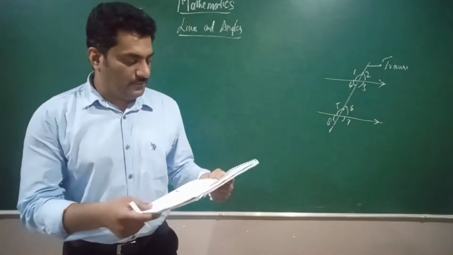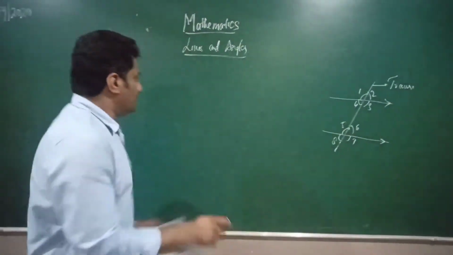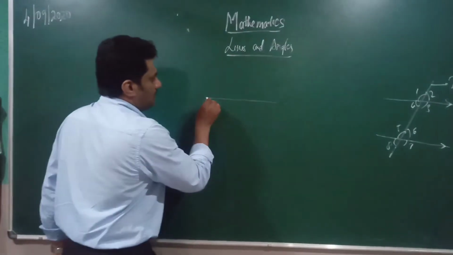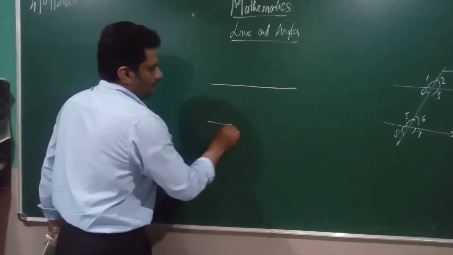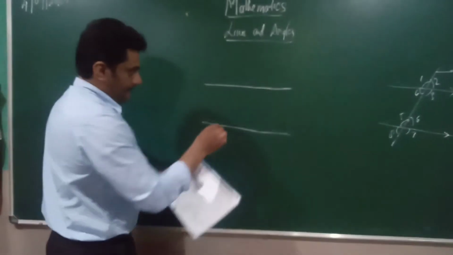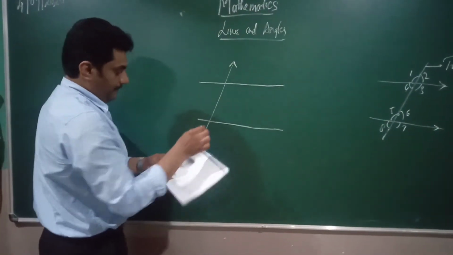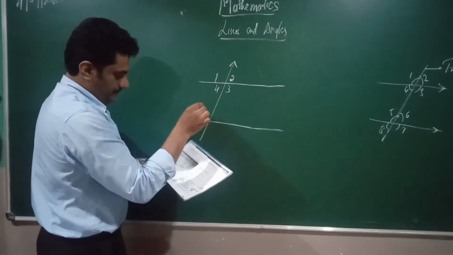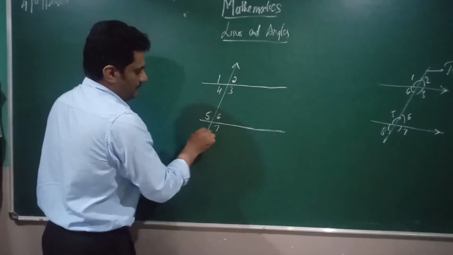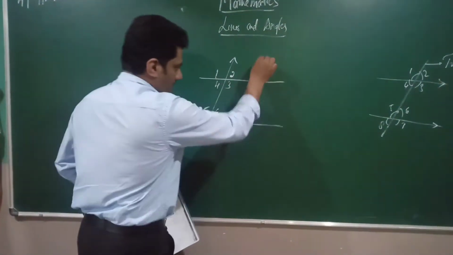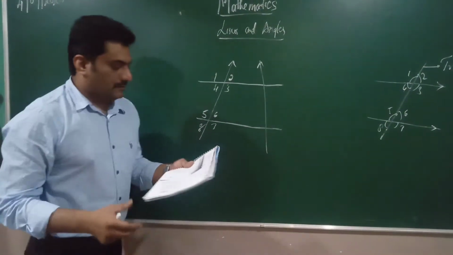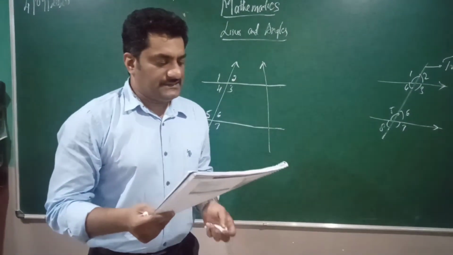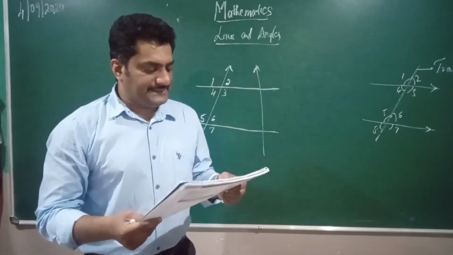In exercise 5.2, the first sum is: state the property that is used in each of the following statements.